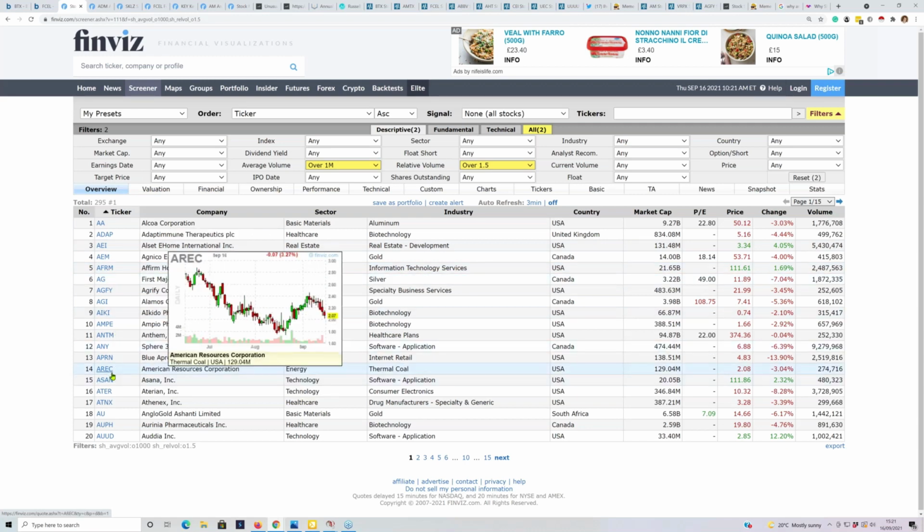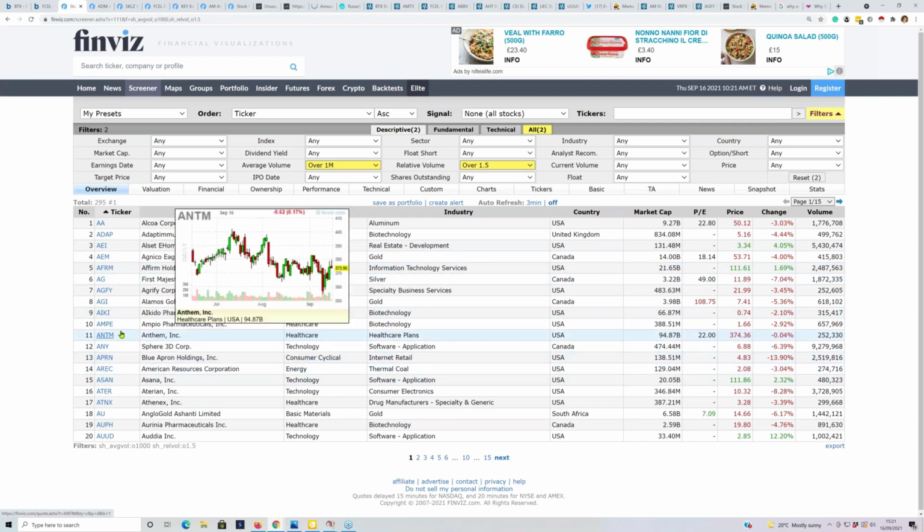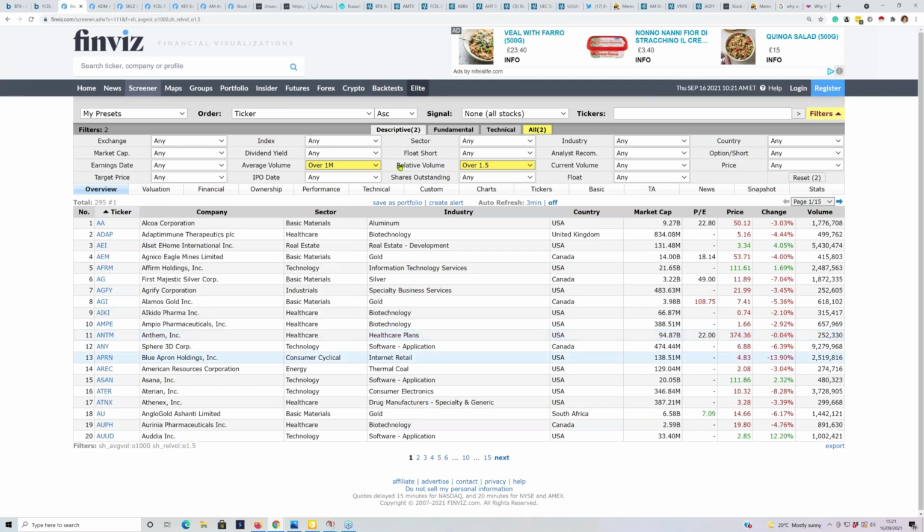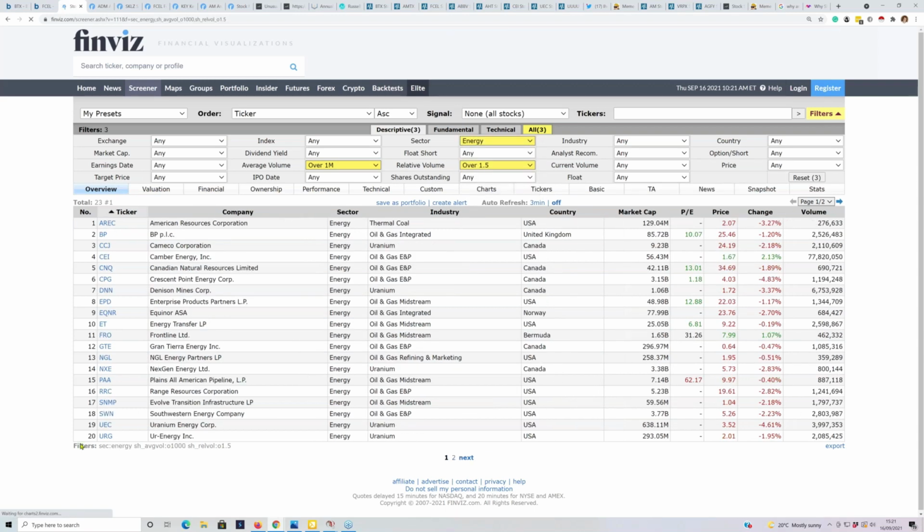Now, when I worked my way through this filter, the most interesting thing that came out was that in all the ones I looked at, the energy stocks were very much to the fore. For example, Canberra Energy, we're talking 77 million.